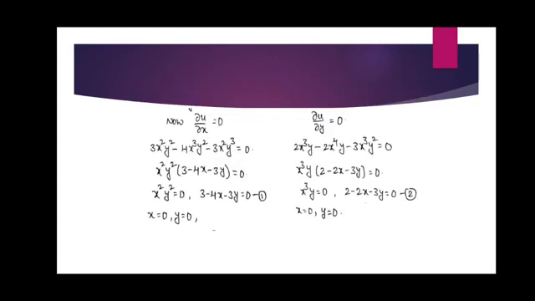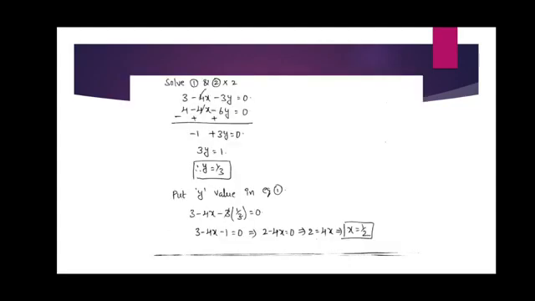For that, we multiply equation 2 with 2, then we get 4x. So here we get the equations 3 minus 4x minus 3y is equal to 0 and 4 minus 4x minus 6y is equal to 0. Here 4x will be cancelled. First the signs are changed. Why? Because they both have the same signs, so we change the signs.